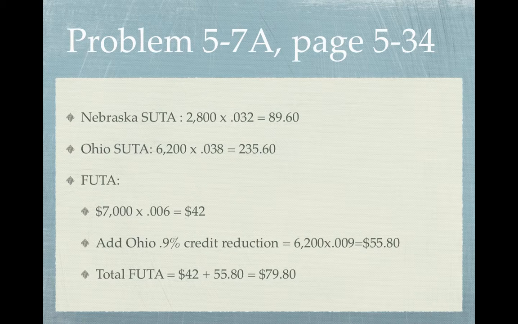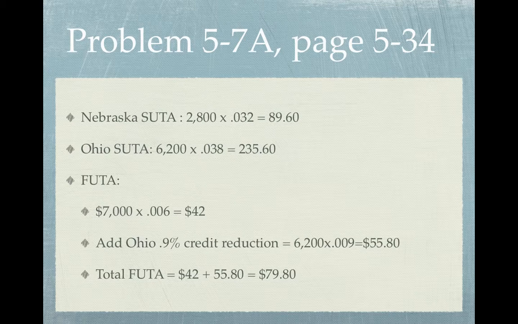If you go to problem 5-7A on page 5-34, so the next problem, this one deals with a company that deals with multiple states. And the first part of the problem shouldn't have been too challenging. If you look at the problem, only the wages that were paid in Nebraska would be subject to unemployment in the state of Nebraska, and only the wages paid in Ohio would be subject to Ohio's unemployment tax.